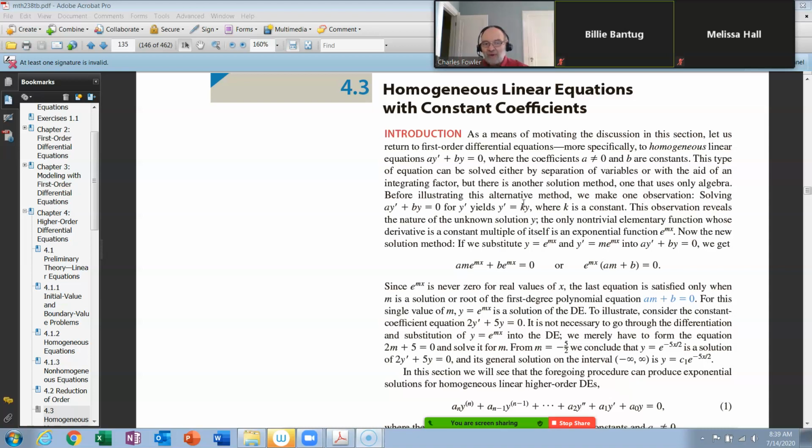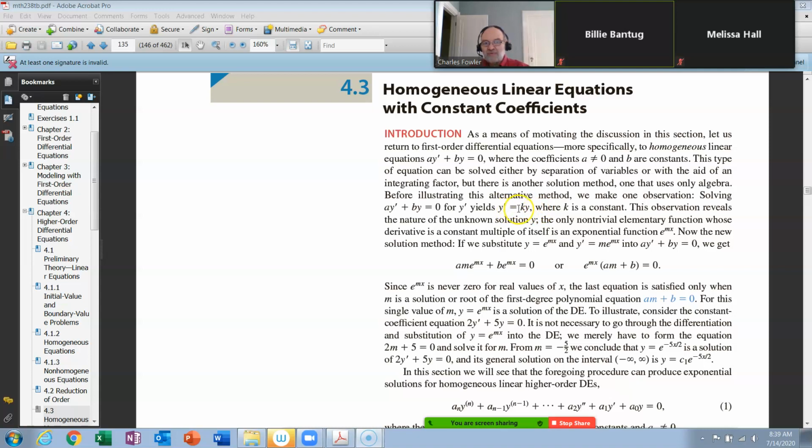This is not how we go about solving these, because we are now in higher order differential equations. Remember, that's what chapter 4 is all about. This is a linear equation, okay? But now the k is a constant, and guess what? You could solve that by separation so easily.